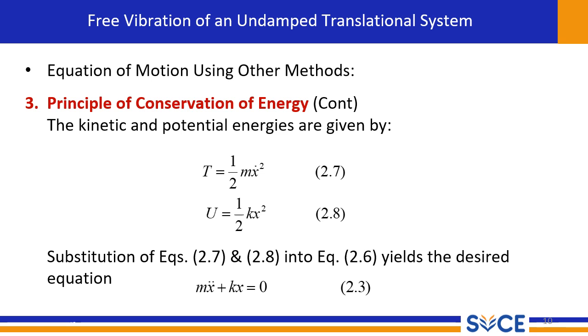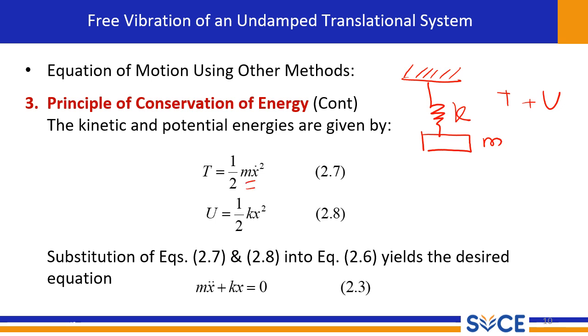Now let's apply it to our familiar spring mass system to derive its equation of motion. Remember, the principle states that the total energy of a conservative system remains constant. For our spring mass system, total energy is the summation of T plus U. T is given by half m x dot square, where m is the mass and x dot represents velocity.